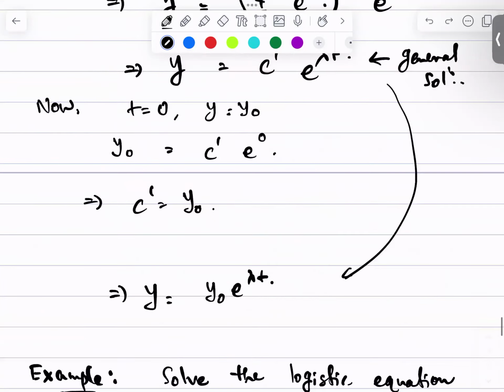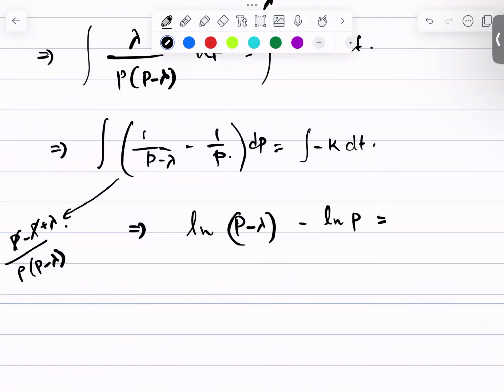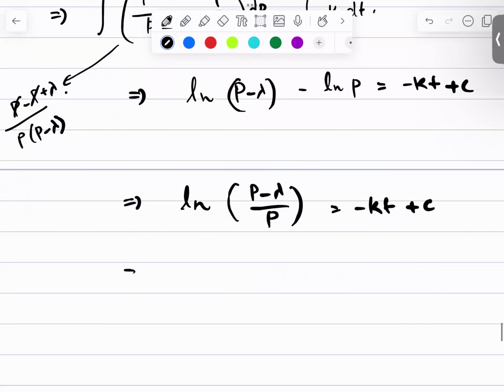So this is -kt + c. By the law of logarithm, ln((P - λ)/P) = -kt + c, so (P - λ)/P is e to the (-kt + c).